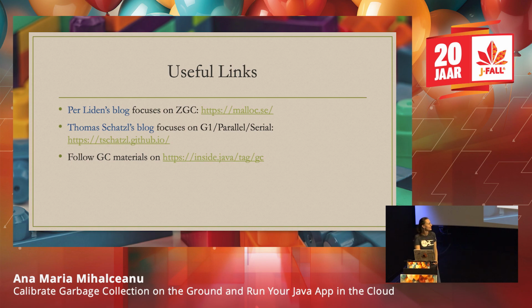Well, since I was going to share the slides anyway, we're going to look at the links at the end. And of course, there are other folks that look into GC and do microbenchmarks with different garbage collectors and publish that on their blog. That's why we aggregate them on inside.java by the tag GC. So that's pretty important to be known. Any other questions? There's none.